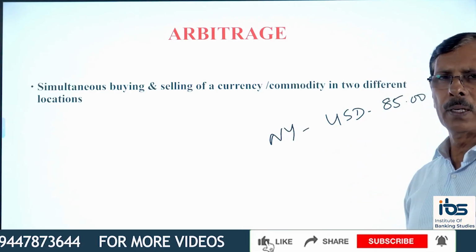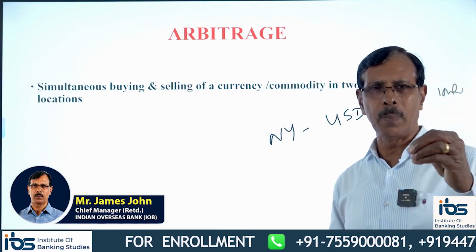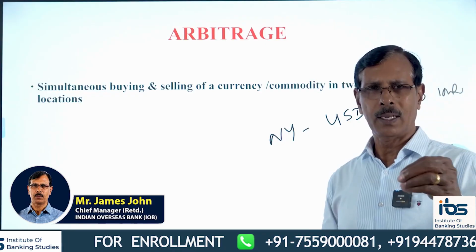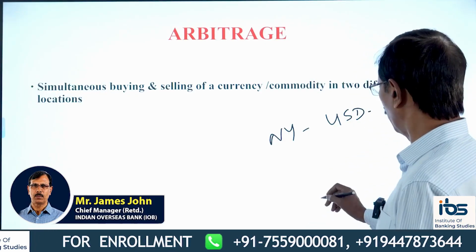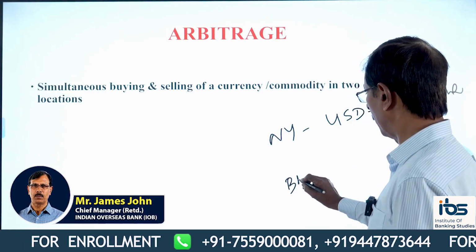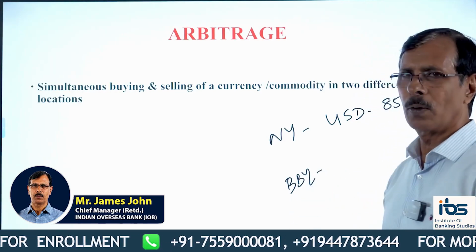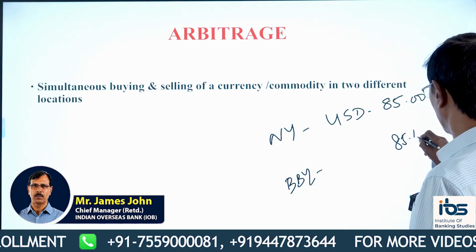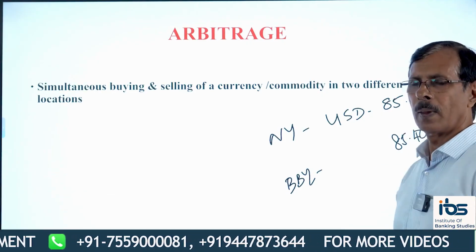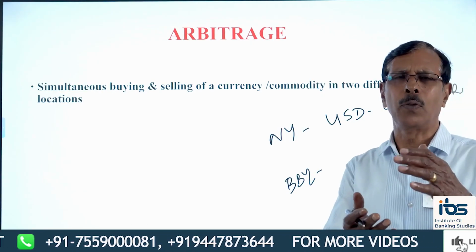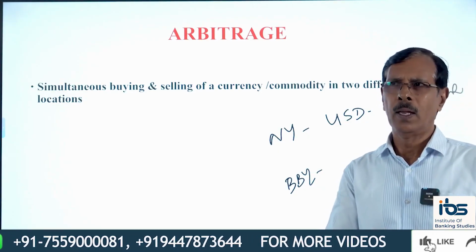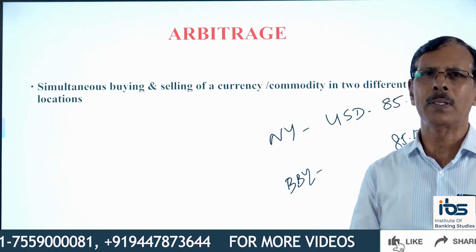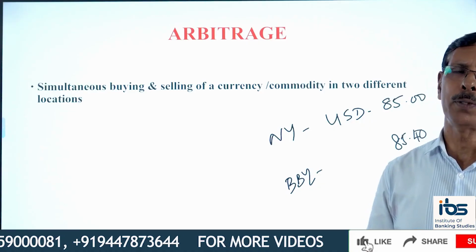So in New York, an arbitrator buys a dollar at 85 rupees. And he will look at Mumbai. What is the rate of dollar in Mumbai? Let us assume it is 85 rupees 40 paise. So there is a difference of 40 paise in these two markets. In New York, it is 85 rupees. In Mumbai, it is 85 rupees 40 paise.